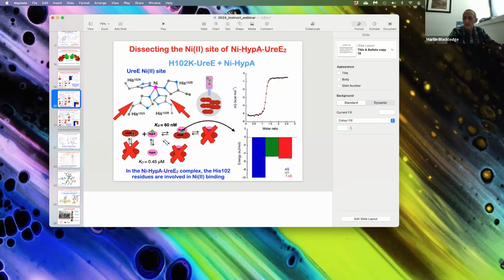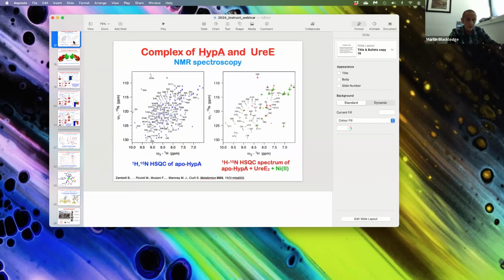I had a final question. So you showed, if I understood correctly, the nickel HypA urease complex and showing NMR of it, and it was quite broad, and there was a number of the peaks, I guess, were weak because of the size of the complex. This one on the right, exactly. Did I understand correctly? So did you think of deuterating that? Would that improve? Because I guess most of these peaks are broad because of the size of the complex.